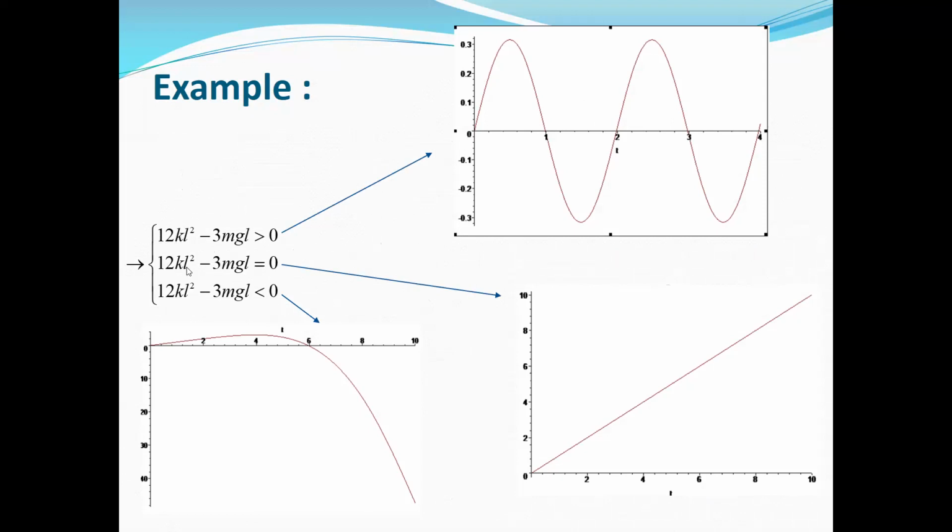But for the two other cases, when the term is 0 or negative, we have unstable behavior because the amplitude of the response increases without any bound, as you can see in the two other cases. So for the positive value it will be stable, and for other cases it will be unstable.